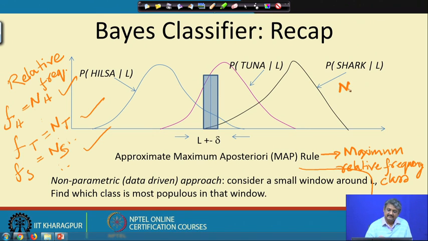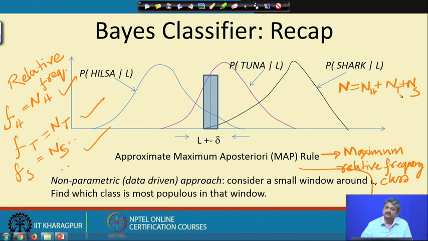So, n number of training examples fall in L plus delta and L minus delta, and out of this n, NH are Hilsa, NT are tuna, and NS are shark.